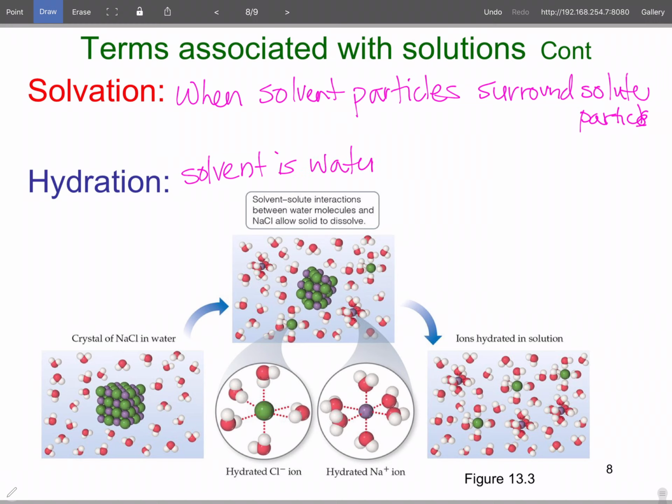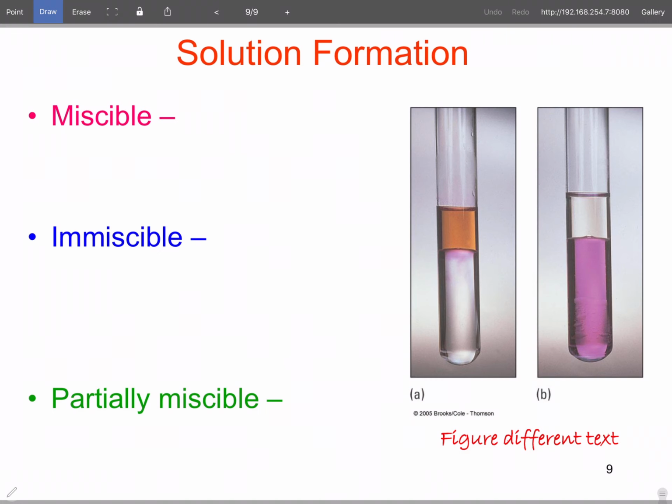So all hydration is solvation, but all solvation is not hydration. What you'll see here is that you have the water molecules surrounding the sodium ion and the chloride ion. So we call this solvation, and it can be any solvent, any solute, etc. Hydration is when the solvent is water, which is easy to remember because if you're hydrated, you have lots of water.